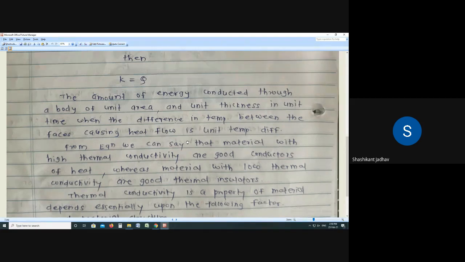High thermal conductivity means a good conductor of heat, meaning maximum heat transfer will take place. Whereas materials with low thermal conductivity are good thermal insulators.